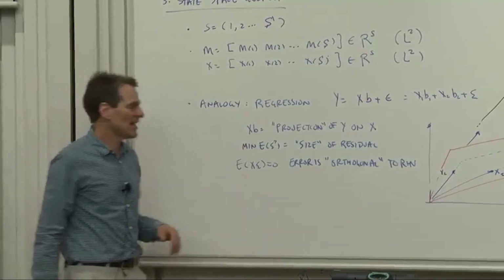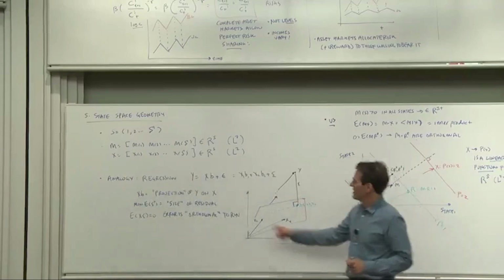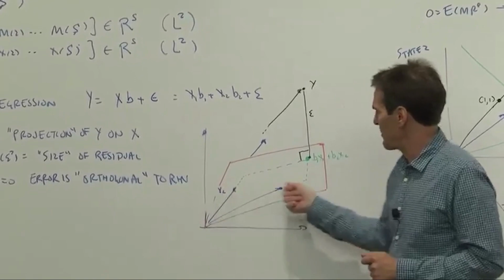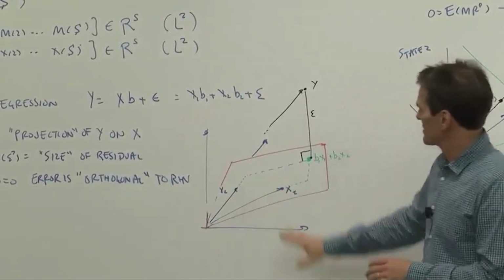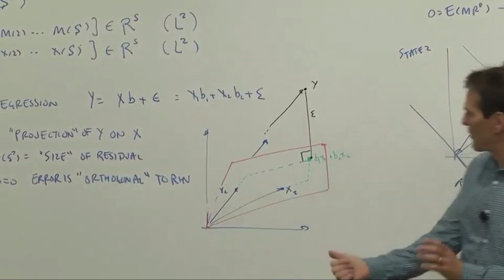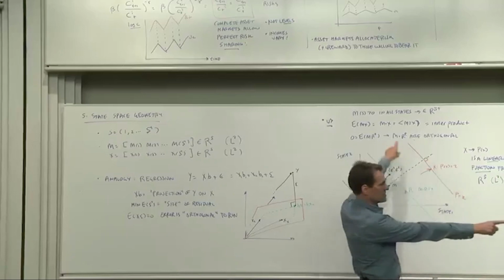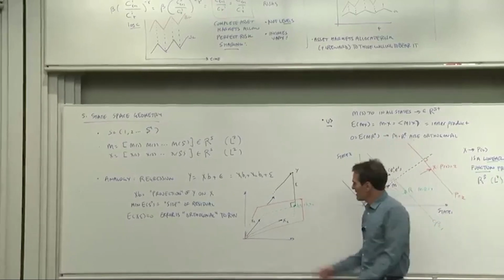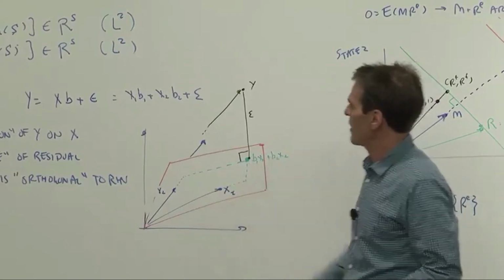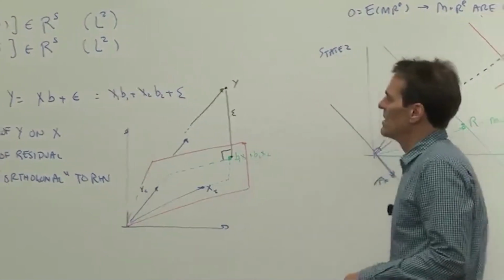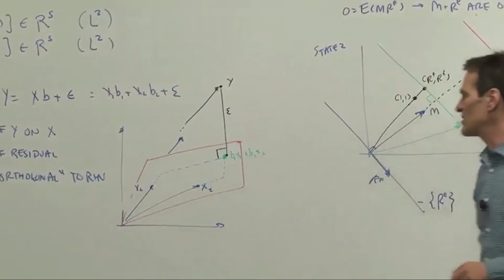Where does that geometric language come from? Well, a common way to do that is to plot the x's, the things that can happen to the right-hand variable. I put them here as 2 points. This is a three-dimensional diagram with the third dimension going into the board. So x1 and x2 are like 2 points on a three-dimensional diagram. Then there's a plane of possible values where b1x1 plus b2x2 can go. The plane of random variables that are spanned by x1 and x2.